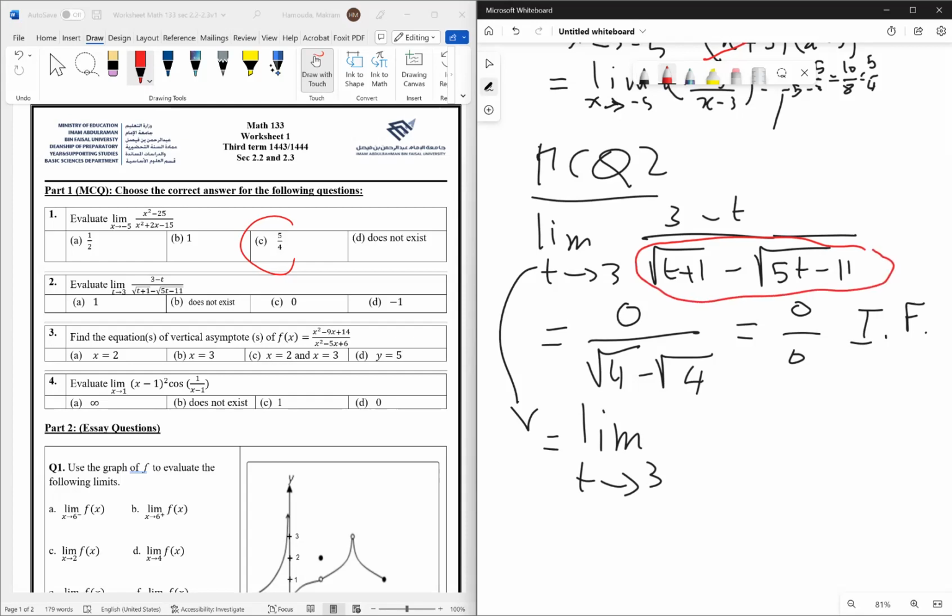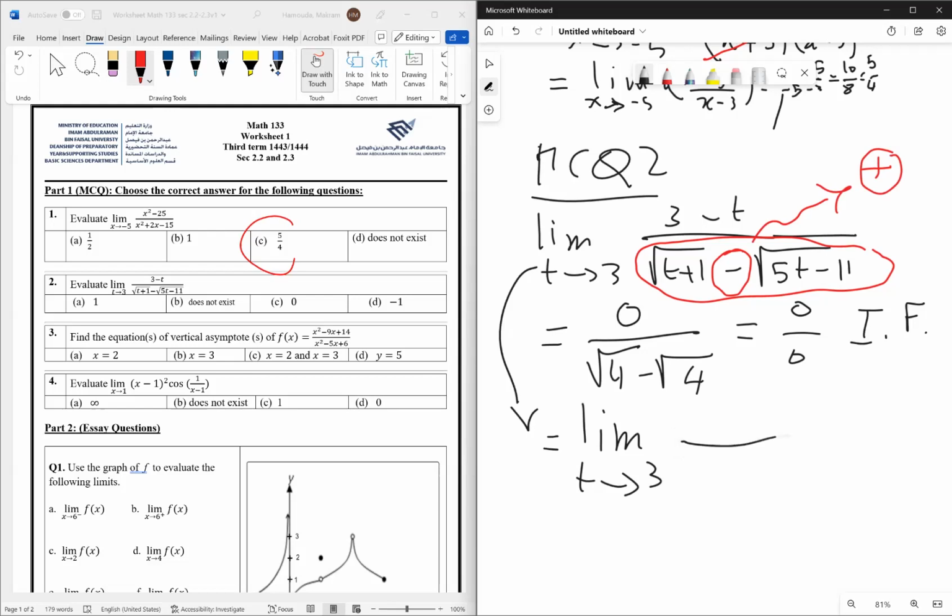If you have any expression with roots, then you just switch the sign between the two terms. Sometimes it is minus, sometimes it is plus. So the conjugate will change this sign to the opposite. If it is minus, then I will put plus for the conjugate. If it is plus, then I will put minus. So in our case here, it is minus, so the conjugate will be plus.